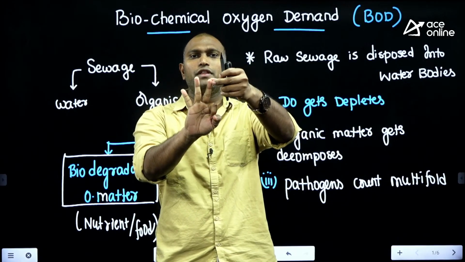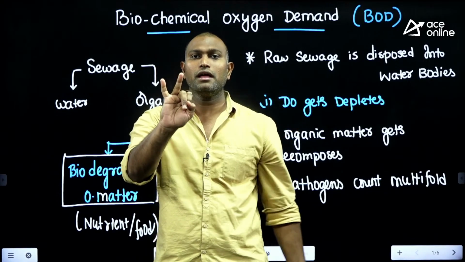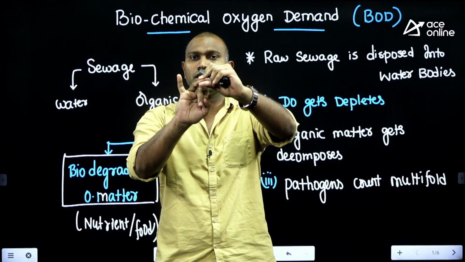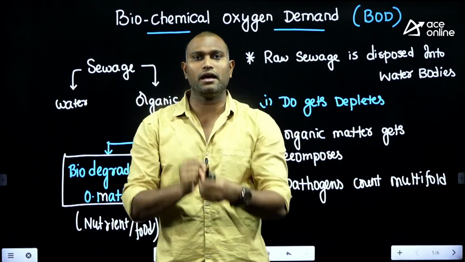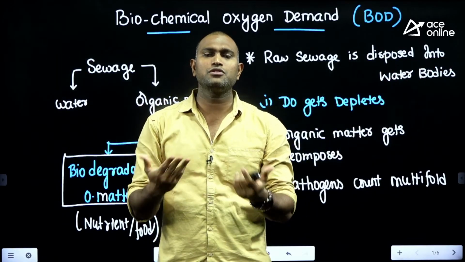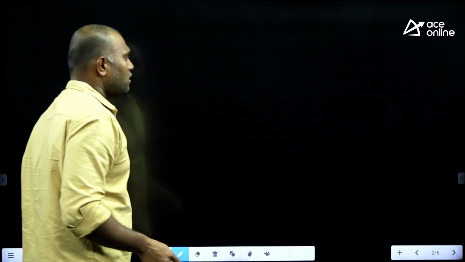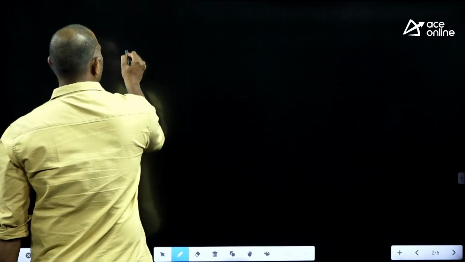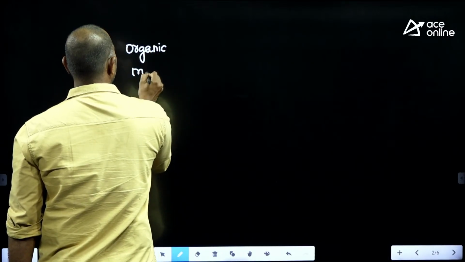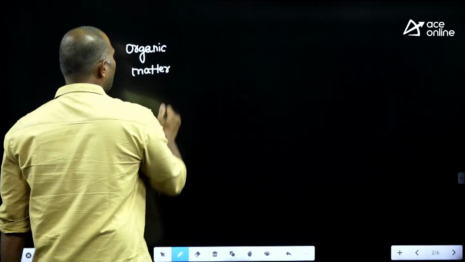How much organic matter is present in the water can be measured by how much oxygen is consumed by the bacteria. More organic matter in the water, more oxygen consumed by the bacteria. So now if you see the reaction, this organic matter is very complex.